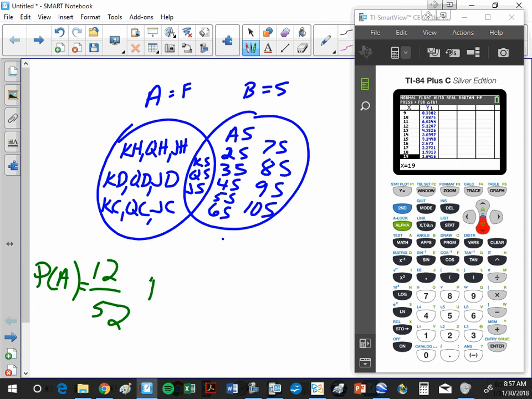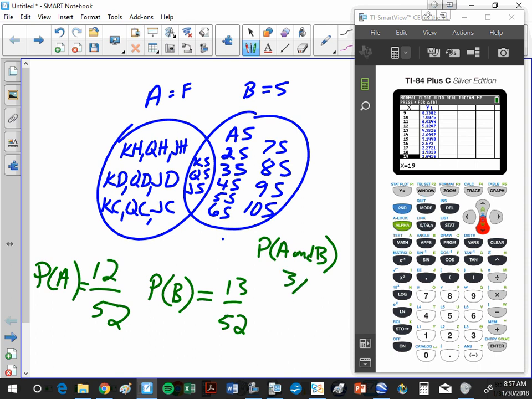What's the probability of B? There are 13 spades, ace through king. So 13 out of 52. Okay. What is the probability of A and B? How many fit both circles? Just 3. 3 out of 52.